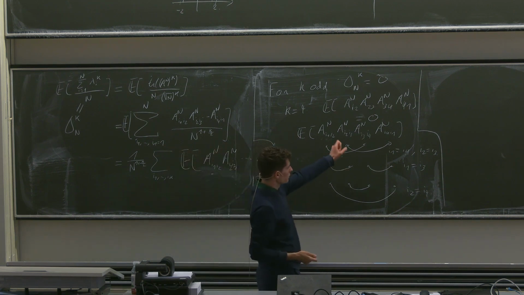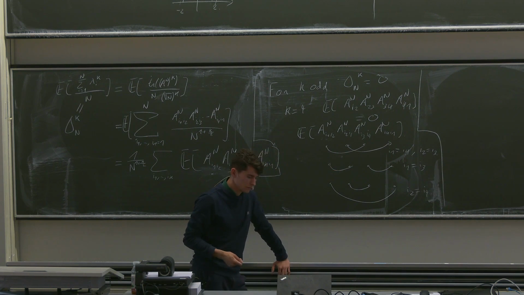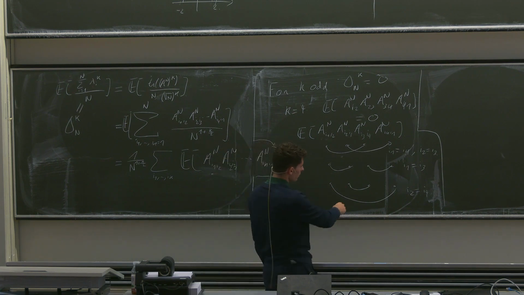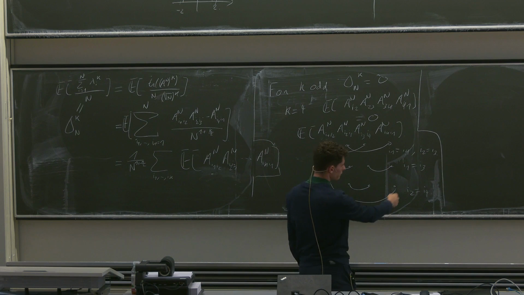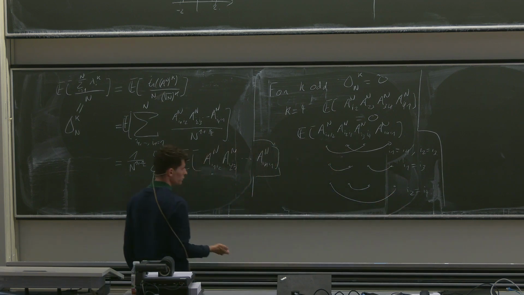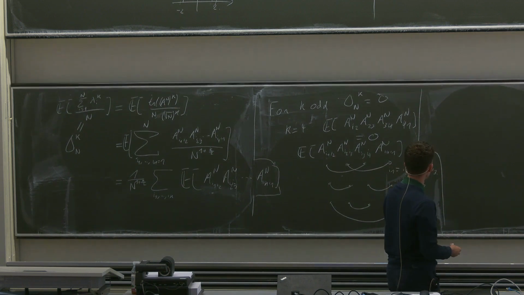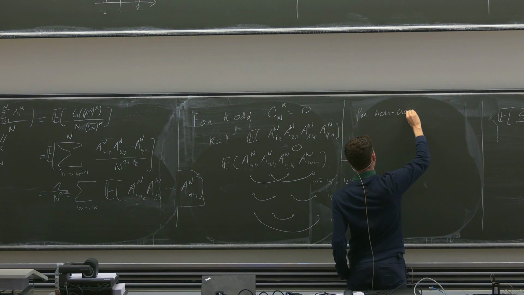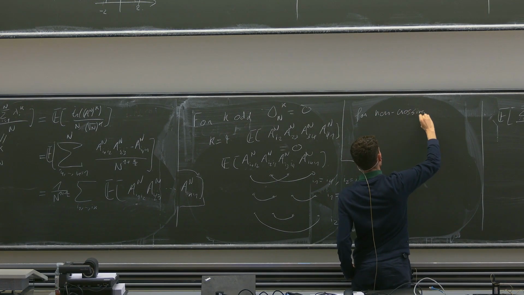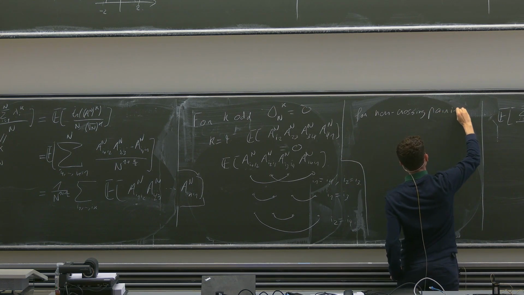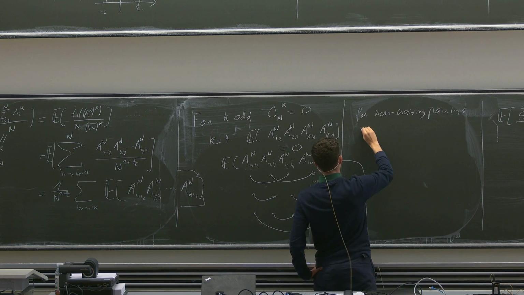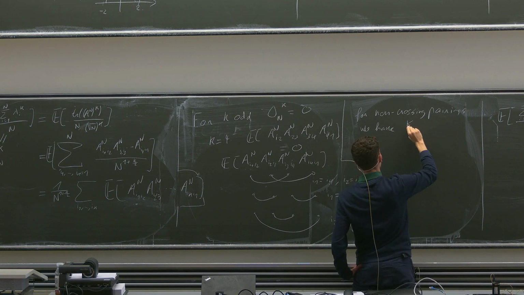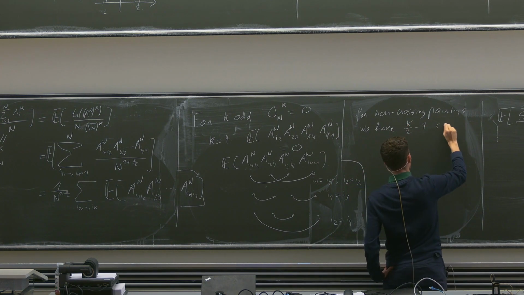I'm not going to give a very precise proof of such a statement, but basically what happens is that for all these non-crossing pairings, you will have less constraint, exactly k divided by 2 minus 1 constraints.